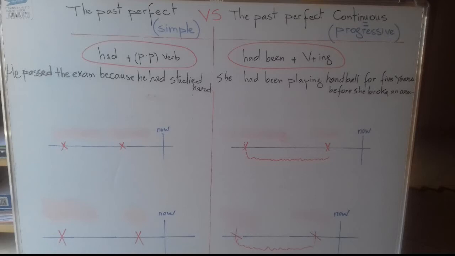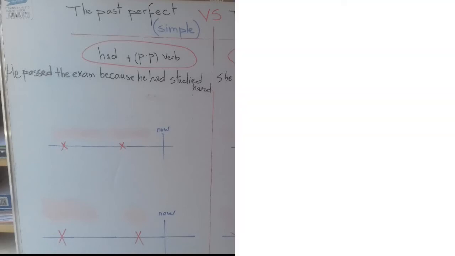The first one is an example for the past perfect simple: he passed the exam because he had studied hard. In your opinion, which verb has been used in the past perfect simple?